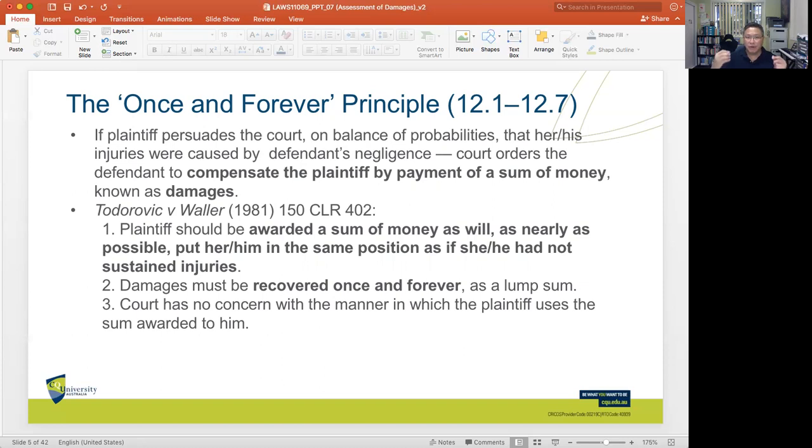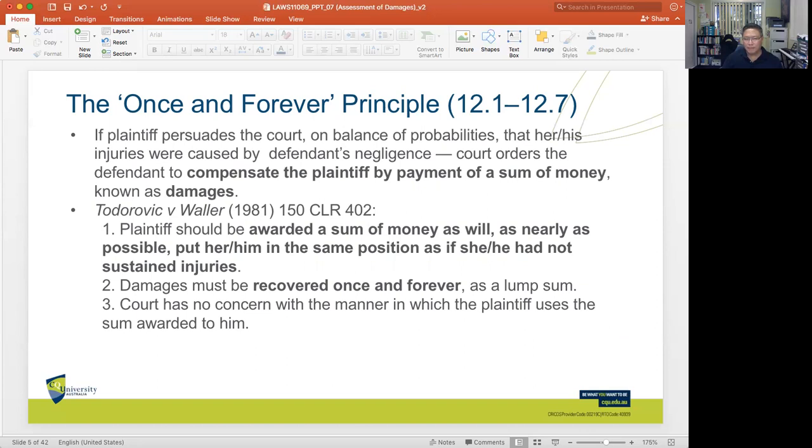But as a rule, if a court makes a finding that a plaintiff should be awarded damages, the damages are to be paid in a lump sum, and there is the element of the once and forever principle, so that once a payment has been made or damages have been awarded in a tortious action, the plaintiff is no longer in a position to further recover from the defendant for the same injuries, even if there might be complications. So that's the end. Once damages have been recovered, that's the end of the legal action over that legal matter.